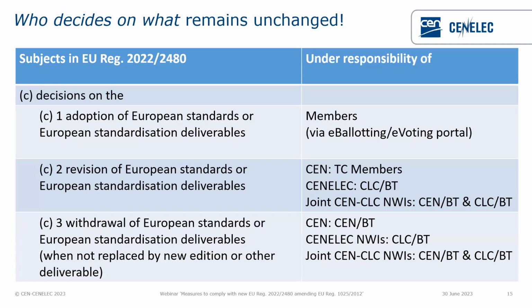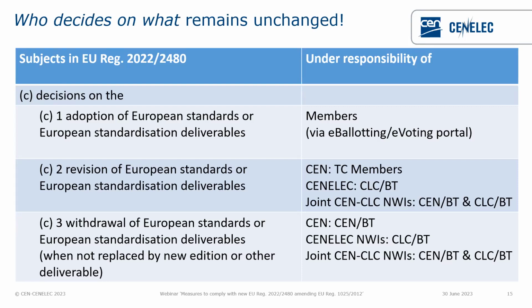If we go to the subject in C in regulation 2480, then we need to split it. For the adoption of European standards and European standardization deliverables, the responsibility is with the members.